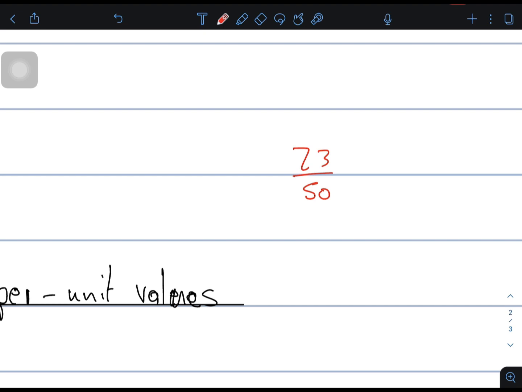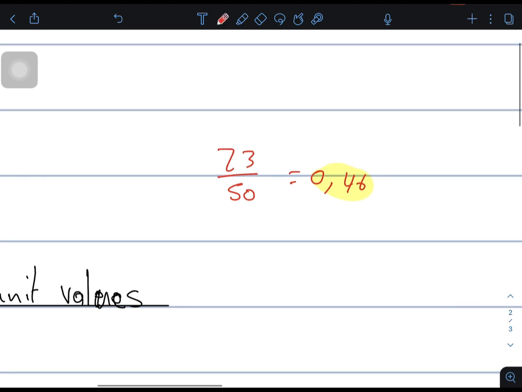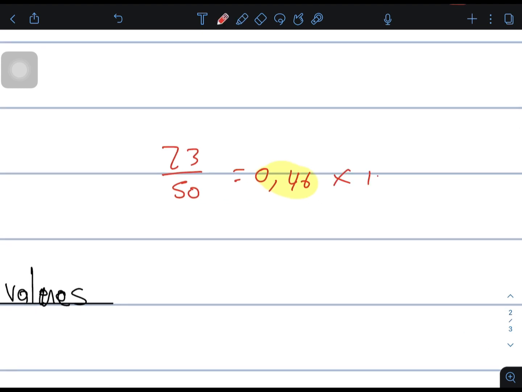Which is 0.46. This, guys, is the per unit value. Yes, it's the per unit value. Immediately you then times by what? By 100 to get the percentage. Then we will get 46%.